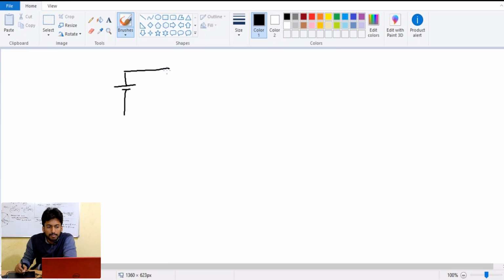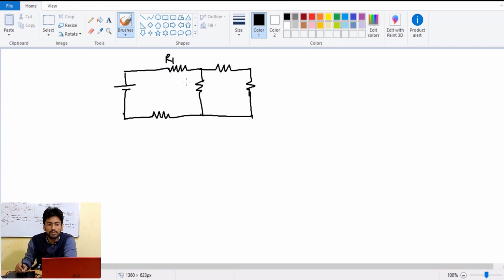Now say a particular circuit is looking like this. So this is my circuit: R1, R2, R3, R4, R5, and this is my V. Whenever you have your circuit at hand, you have to put the current's direction.